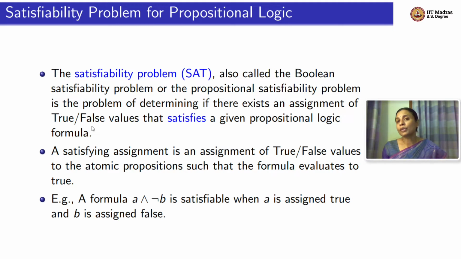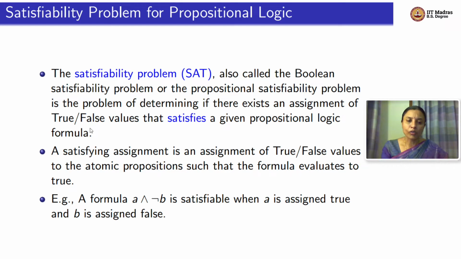Sometimes I might also want to understand whether it makes the formula false, like when we do predicate coverage. If there is an assignment of true-false values that makes the formula true, we say that such an assignment is a satisfying assignment. A satisfying assignment is an assignment of true-false values to the atomic propositions such that the entire formula evaluates to true.